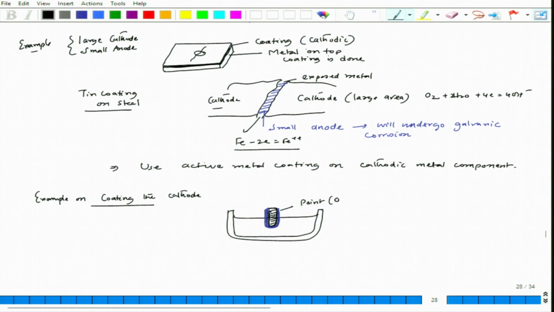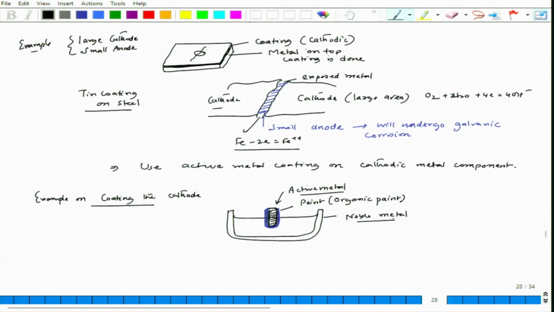And let us say this is organic paint. And this is noble metal compared to the center part. This is active. Okay.